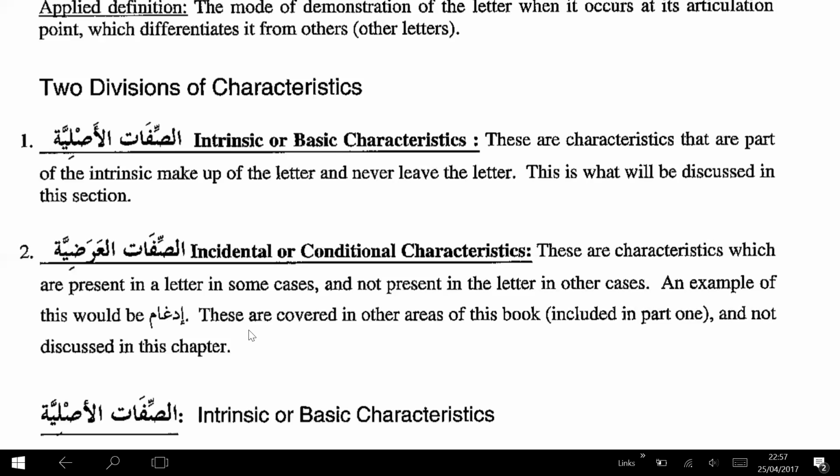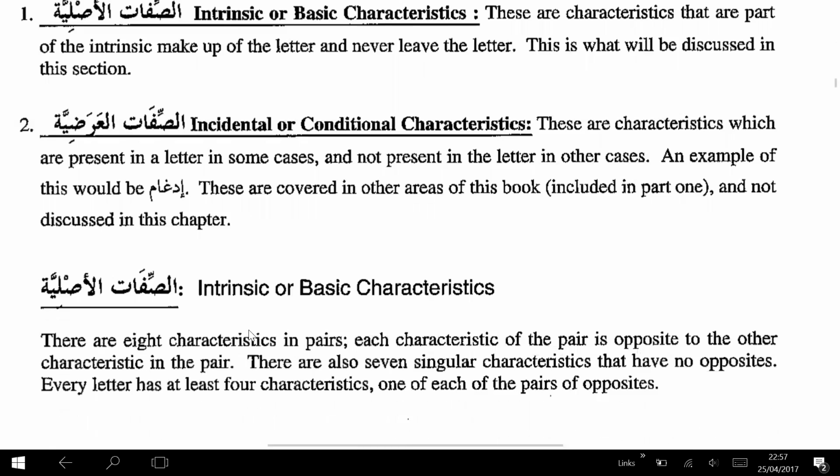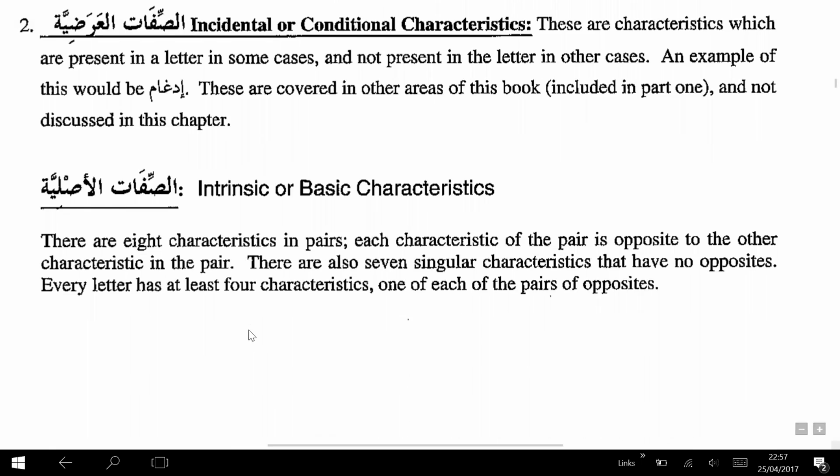And when I'm doing idgham of noon sakina, I don't always do it, like when you say man amana. Here I did not do idgham of noon. So sometimes you're doing idgham of noon, sometimes you're not doing it. Why? Because you have idgham based on a particular condition. Same way sifat al-aradiyya will be conditional characteristics.